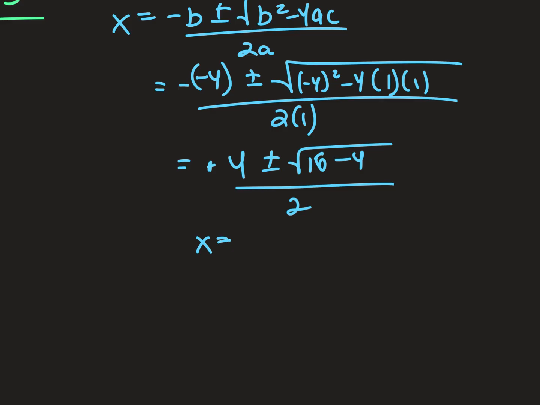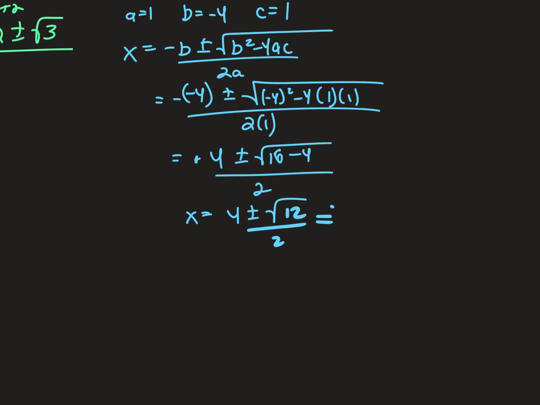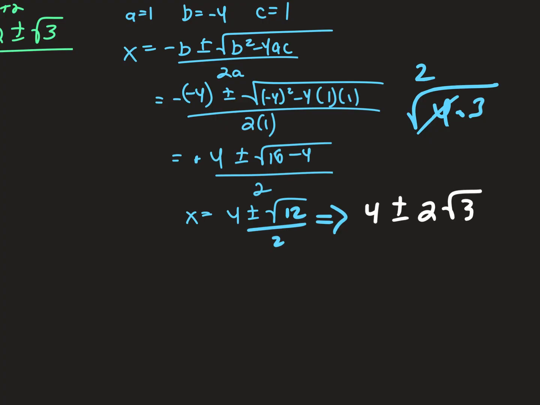So x equals 4 plus or minus the square root of, what's 16 minus 4? 12 all over 2. Can I break down 12? So 4 and 3, right? So this is now 4 plus or minus 2 square roots of 3 over 2.